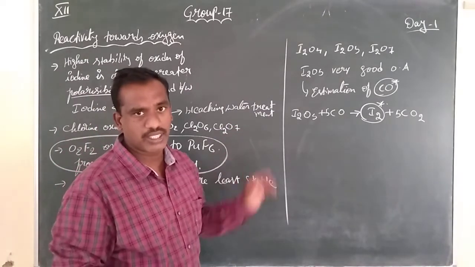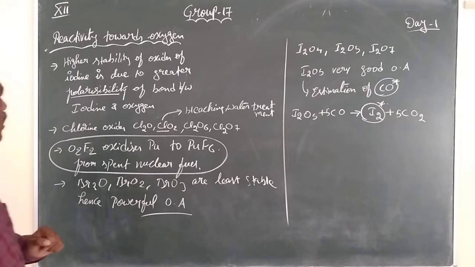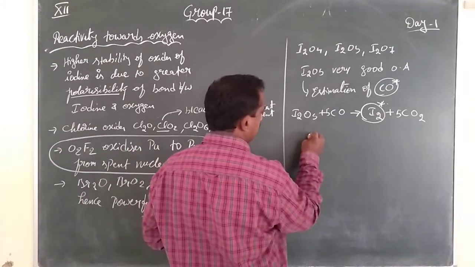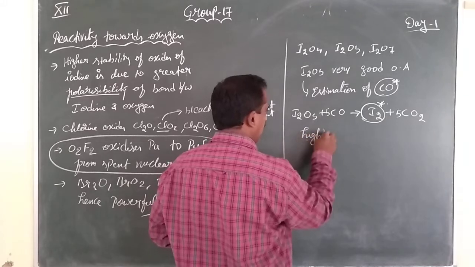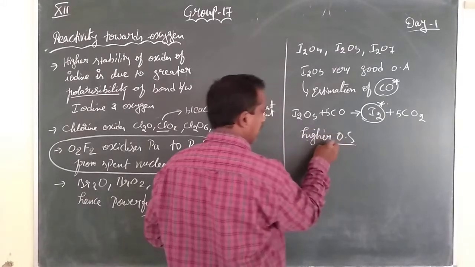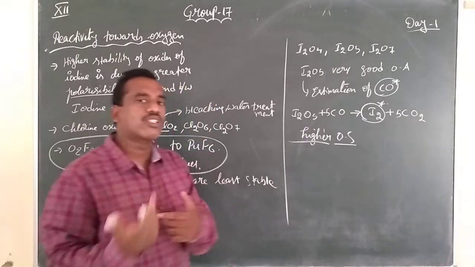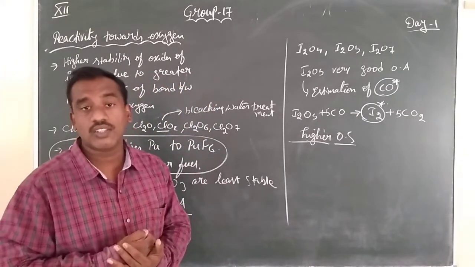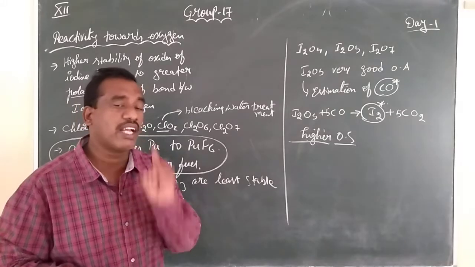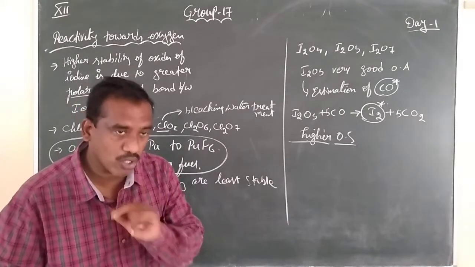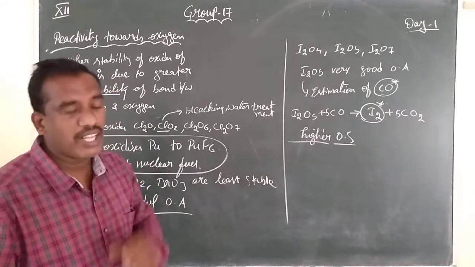Don't forget one statement: the higher the oxidation state, the more acidic the oxide will be in nature. We brought this point in the d block and the f block also. When the oxidation state increases, the acidic nature of the oxide will increase.